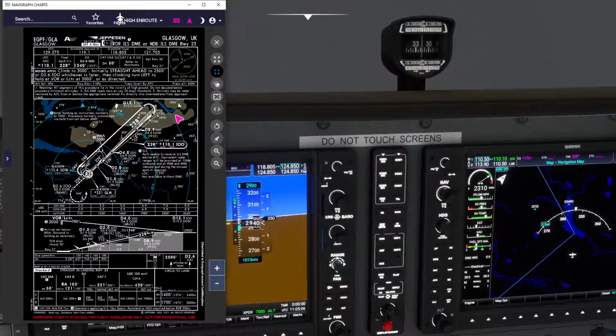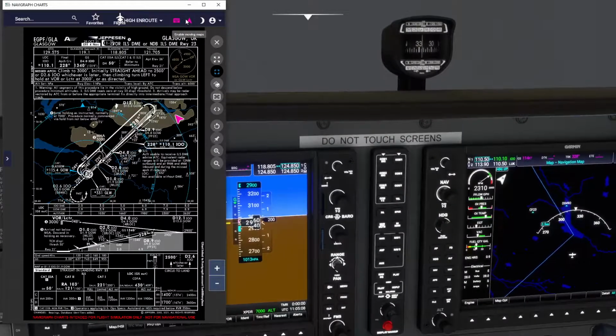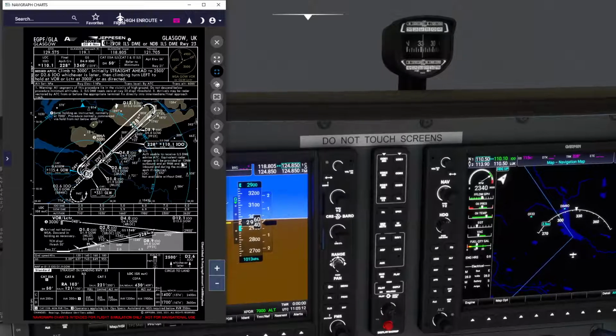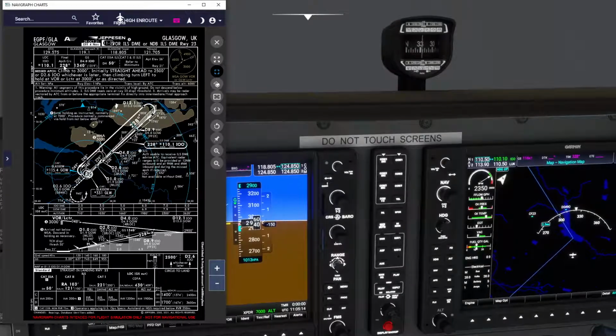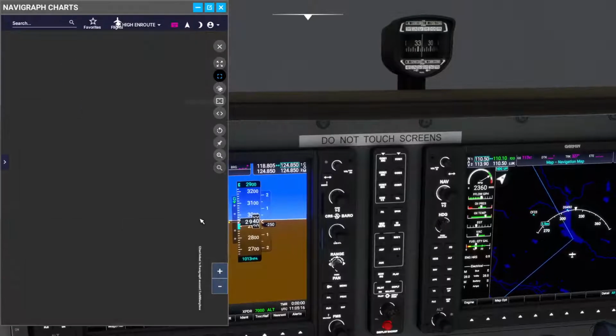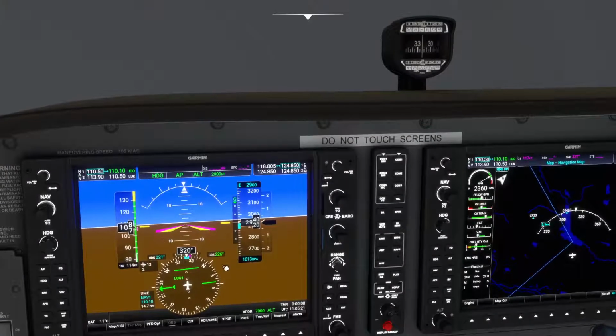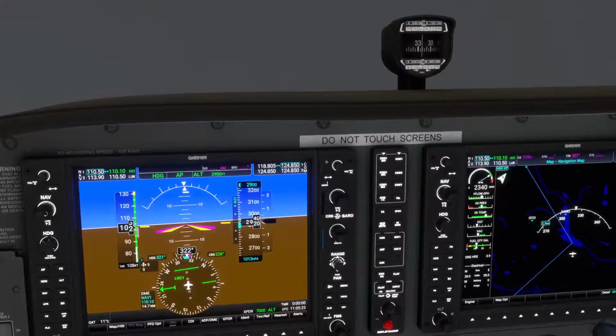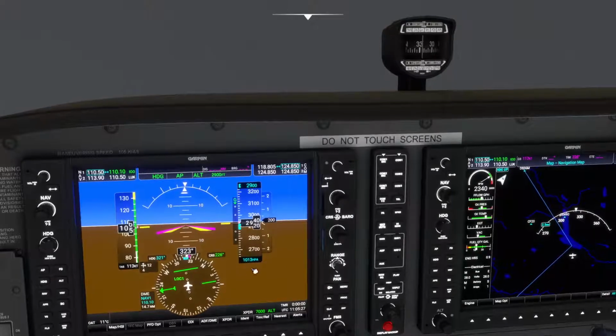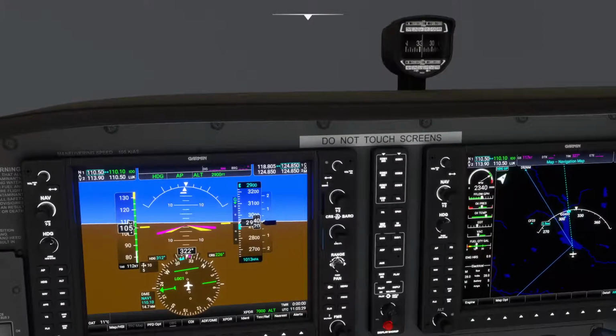So I can see here I'm cheating a little bit, so I'll turn that off. Thank you. And I know that the inbound is 228, which should be set here. So I'm going to go ahead and set 228 plus 30, because it's beyond. So I'm going to set 258.